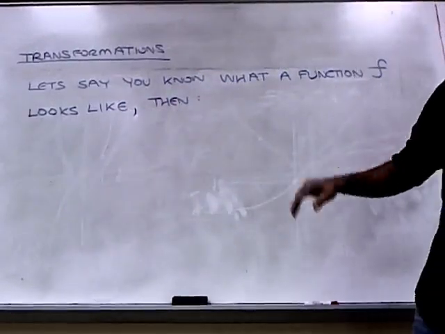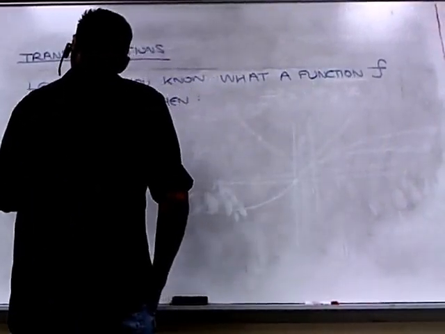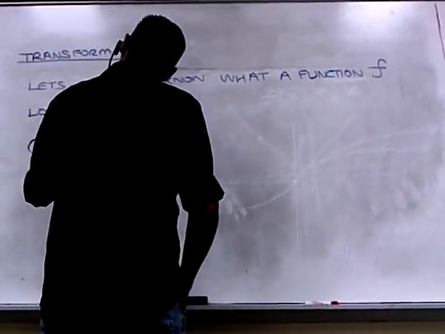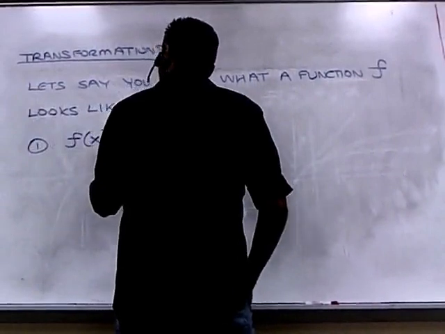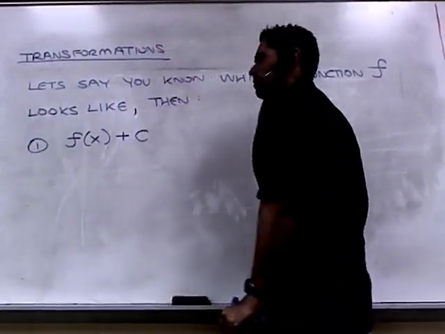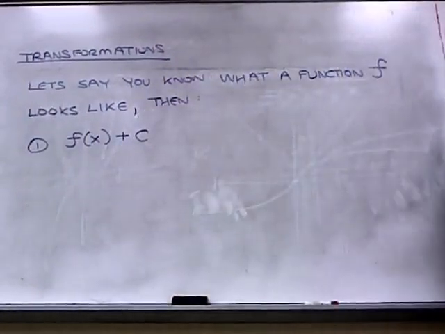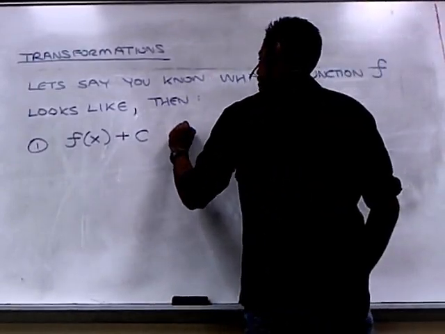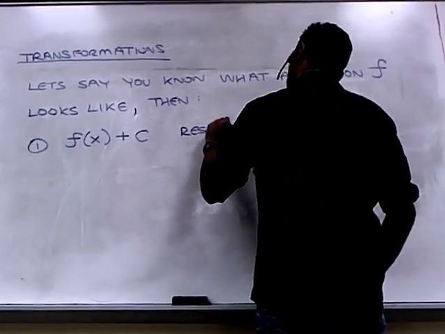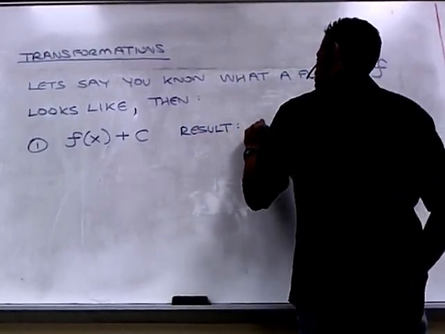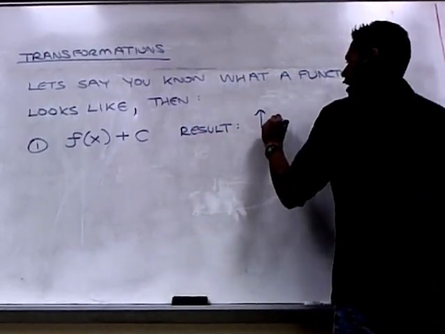First type of transformation. If you take that function and you add a number to it, the result that you get is you move the whole picture of that up by c.